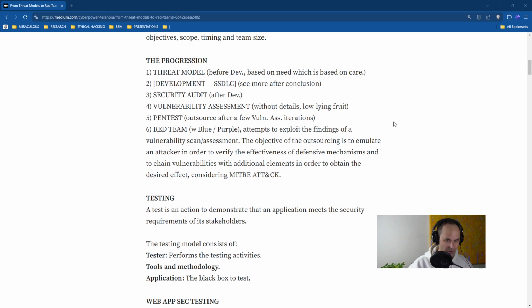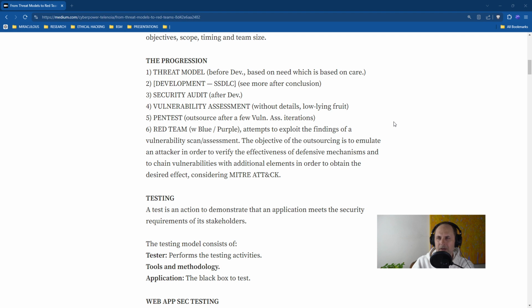And then in the article, as you see, 1, threat modeling before development based on need, which is based on care. 2, development, SSDLC. 3, security audit after development. 4, vulnerability assessment without details for low-lying fruit. 5, pentesting, outsource after a few vulnerability assessment iterations rather.